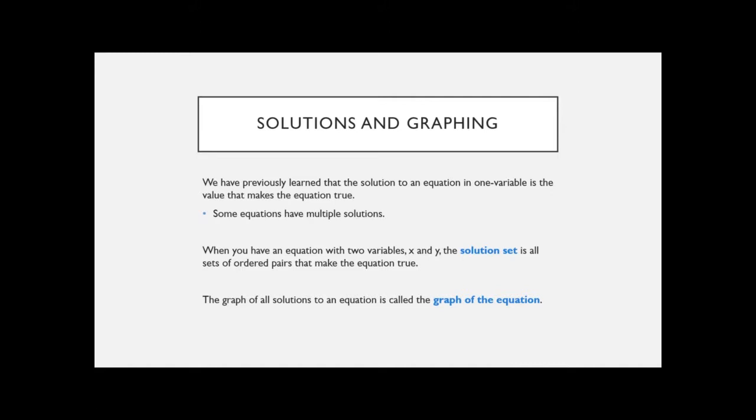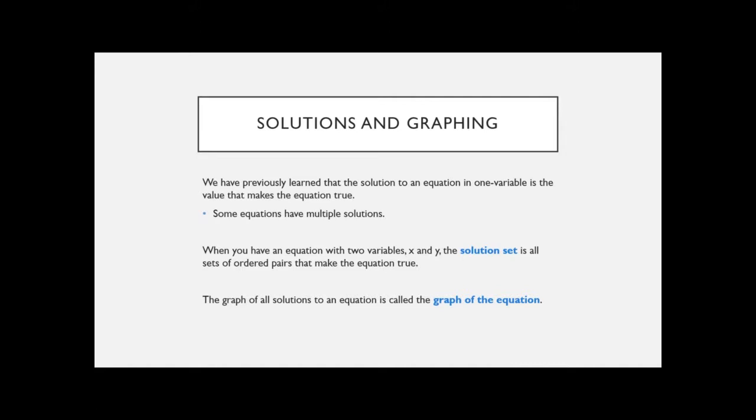Now we're working with two variables because we have an x and a y. And now we don't have a single number that's our solution. We have an ordered pair that is the solution, and there are an infinite number of ordered pairs that work in these equations. So the solution set is all sets of ordered pairs that make the equation true, and there's an infinite number.